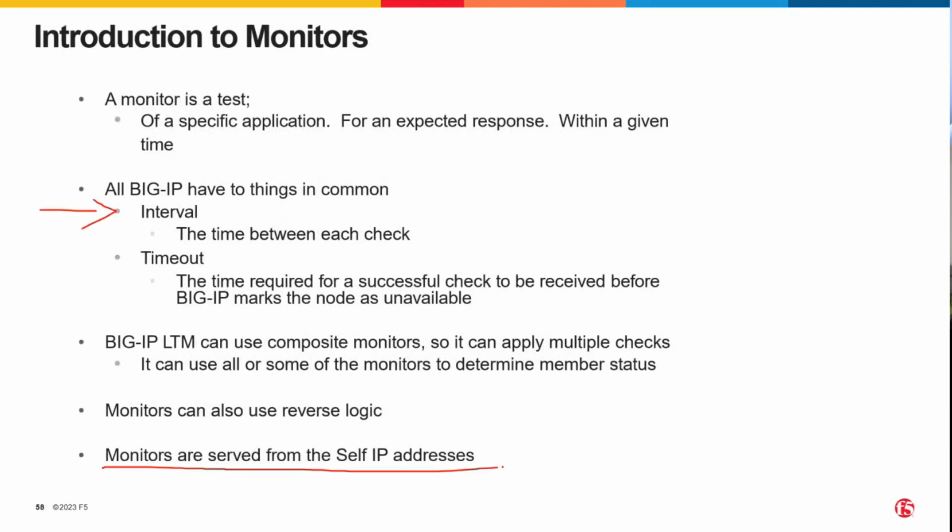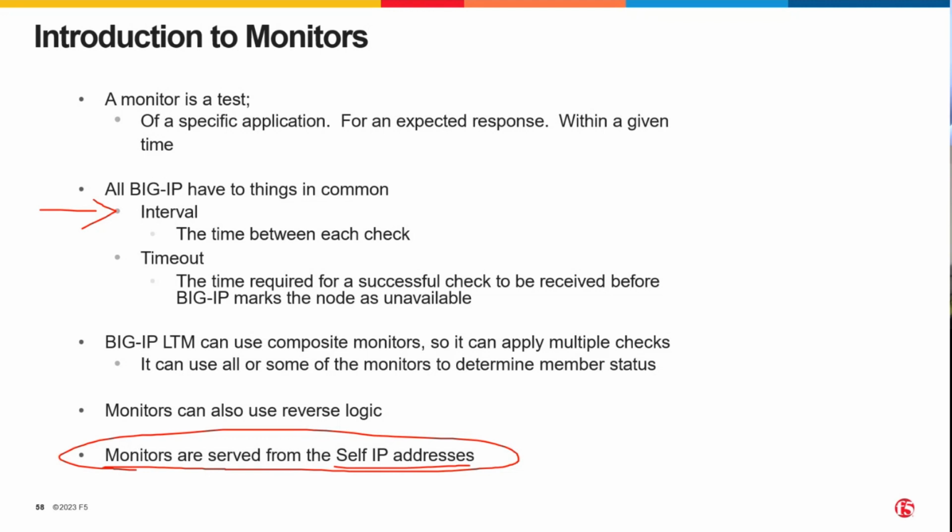Monitors are served from the self IP addresses. That's pretty important when we talk about high availability. So you have self IP addresses for specific boxes in the cluster, and you have the virtual one as well. If you have this virtual IP address, you will never try to monitor your backend services using it. You always use the self IP address.